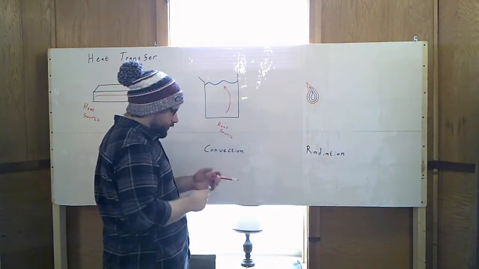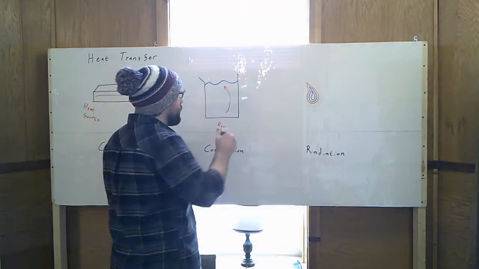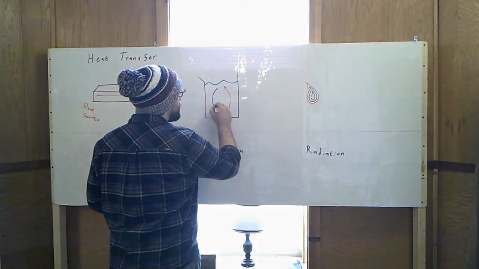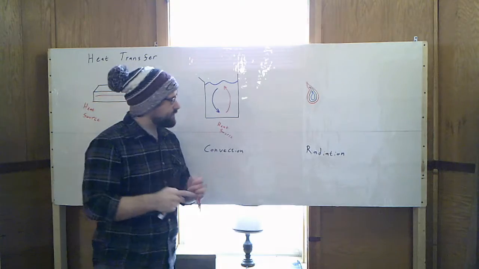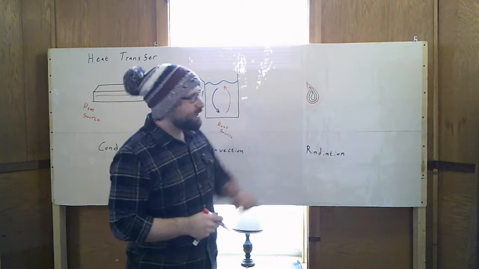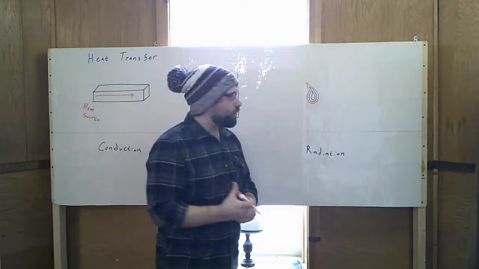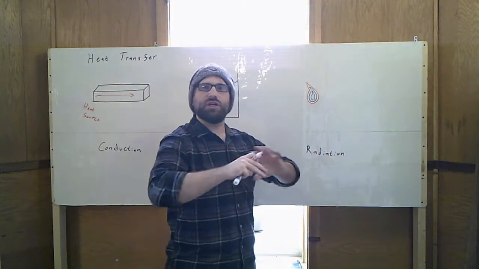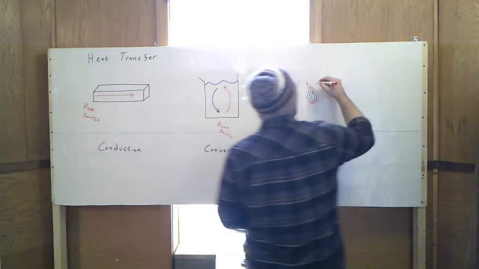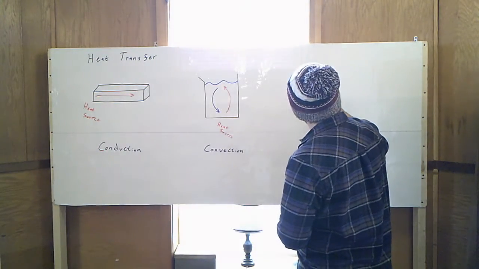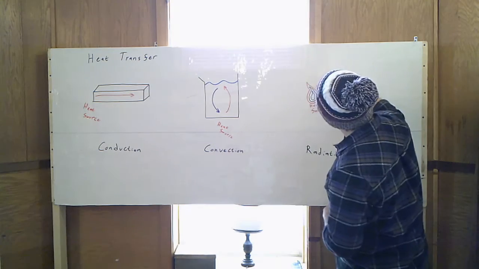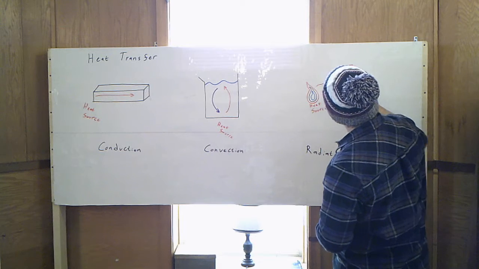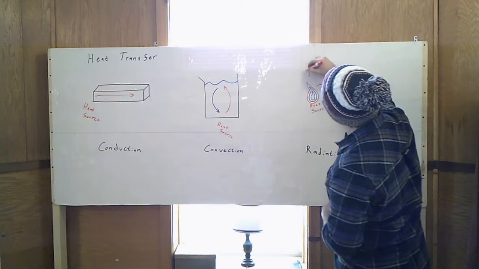And then the colder liquid or gas will move in down to the heat source because they are more dense. And we learned about radiation, which is any heat source is going to radiate energy in all directions. So this is the heat source right here. And it radiates that energy in all directions.